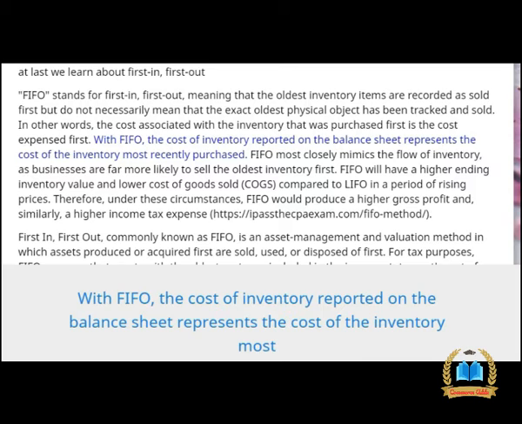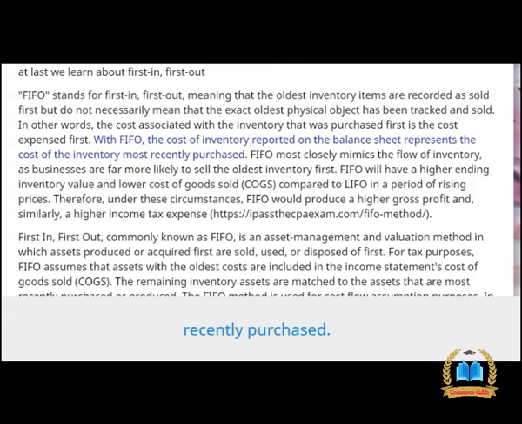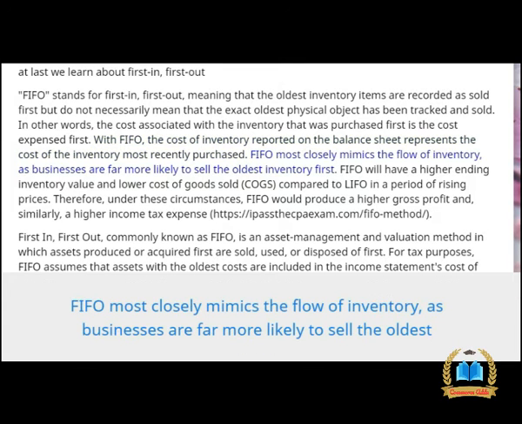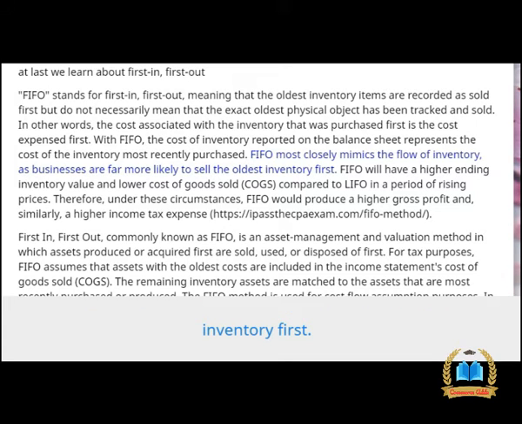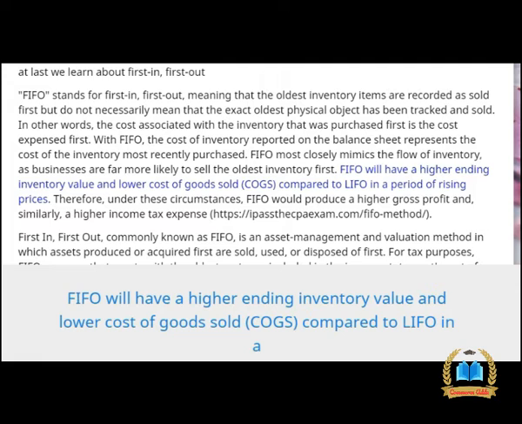With FIFO, the cost of inventory reported on the balance sheet represents the cost of the inventory most recently purchased. FIFO most closely mimics the flow of inventory, as businesses are far more likely to sell the oldest inventory first. FIFO will have a higher ending inventory value and lower cost of goods sold.